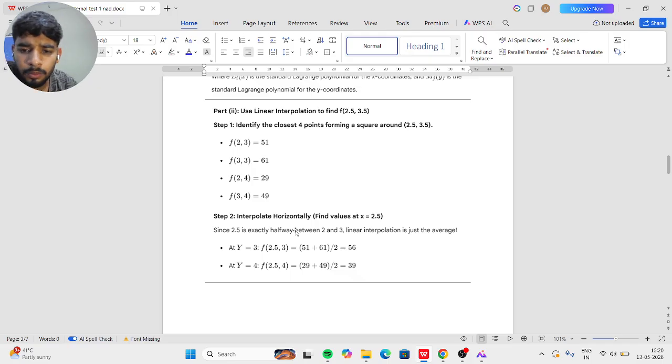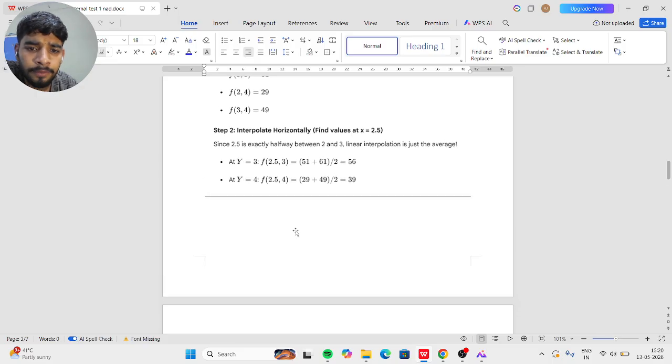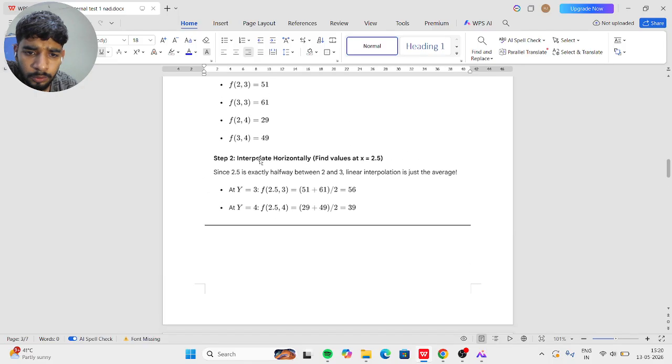Now we will interpolate horizontally to find x equals 2.5, since 2.5 is halfway between 2 and 3. So we will just find the average: we add the f(2,3) value, which is 51, and the f(3,3) value, which is 61, and divide by 2. We will get the value of f(2.5, 3).